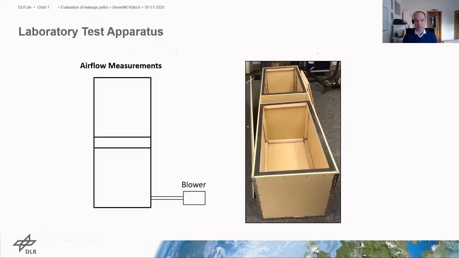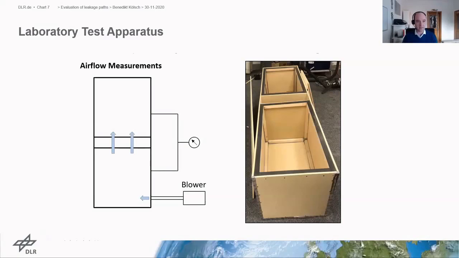First, we were able to do some airflow measurements where we installed a blower on one side of the laboratory test, blowing air through these deliberate openings in the separating section in between the two chambers, and simultaneously measuring the pressure difference across the chamber, like it is done in blower measurements.